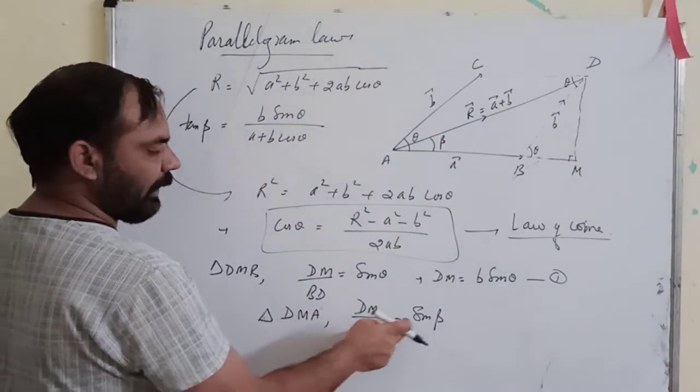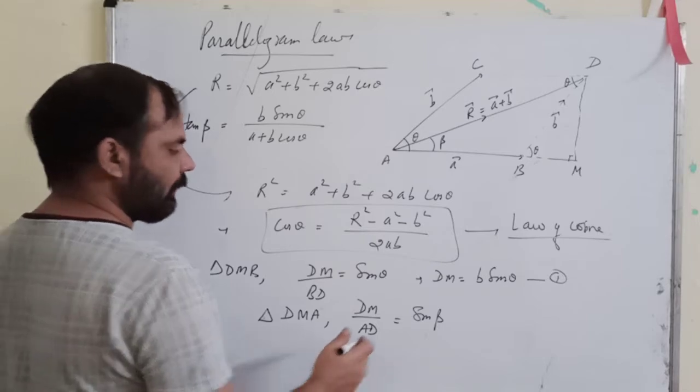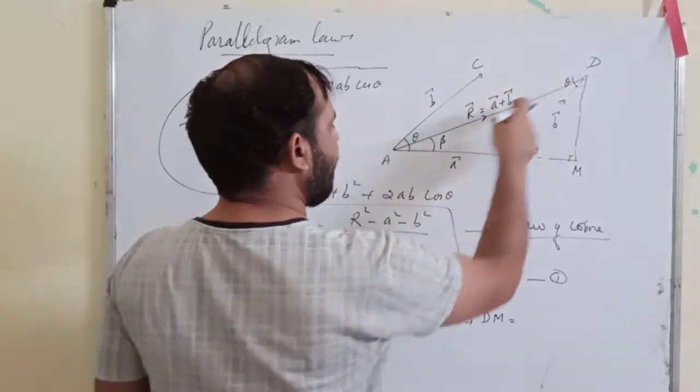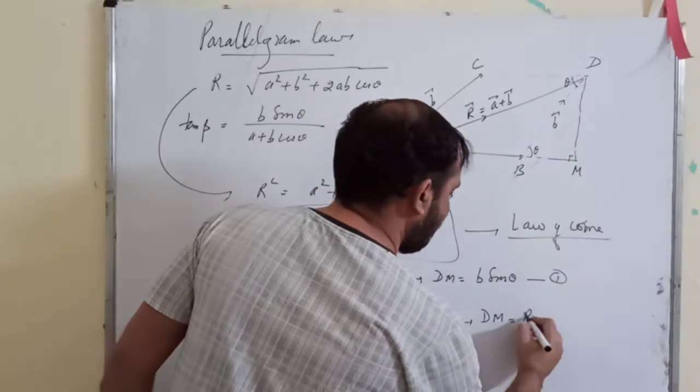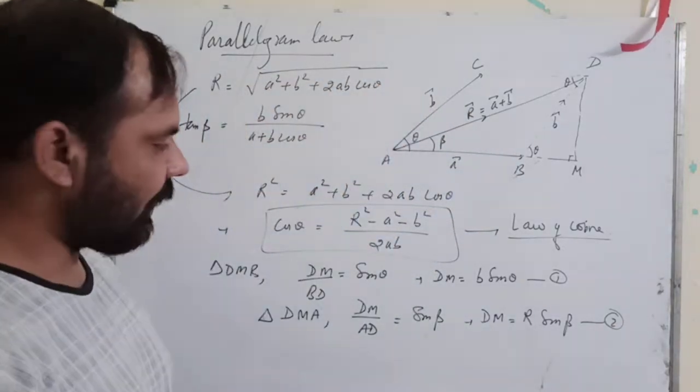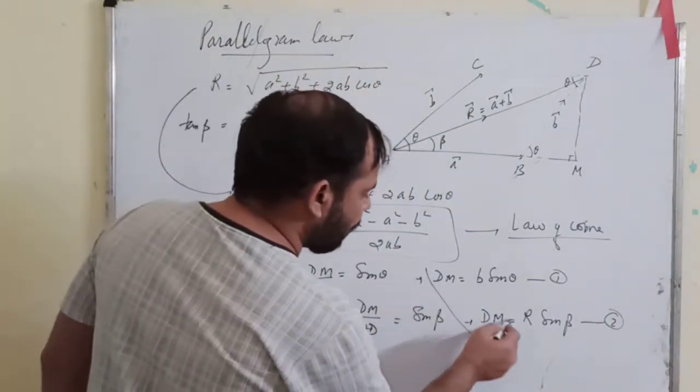Now what is the length of AD? It is equal to R. So DM is R sin beta. We take this as second. Now you can see that both are equal to DM.